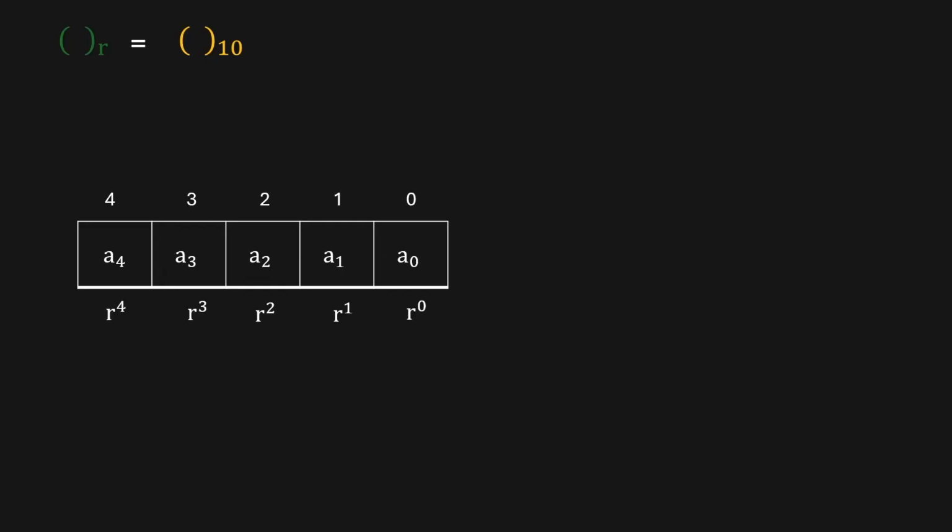And if we consider the digits as A, we have A0, A1, A2, A3, A4. If we want to convert the number from base R to base 10, the result is the sum of the Ai times R to the i power, where i goes from 0 to, for example, 4.